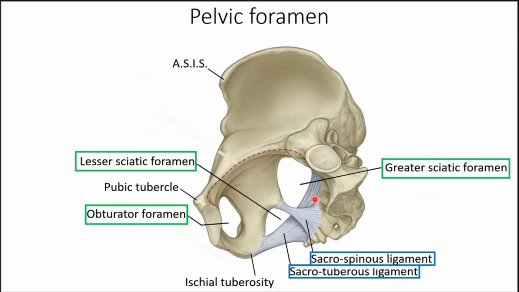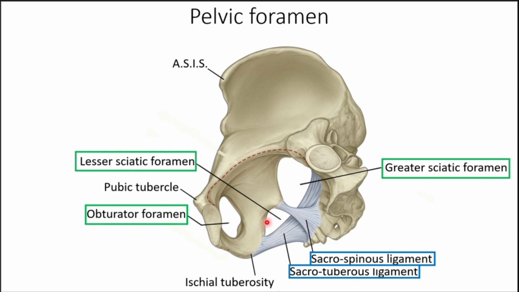The bones of the gluteal region contain foramina and notches that form into foramina with the help of ligaments. These foramina serve as conduits for muscles, nerves, and blood vessels that travel between the pelvis, the gluteal region, perineum, and the lower limb.